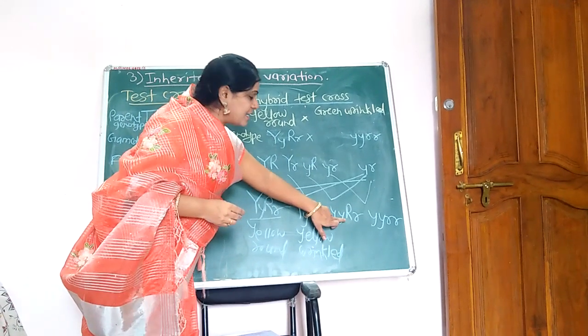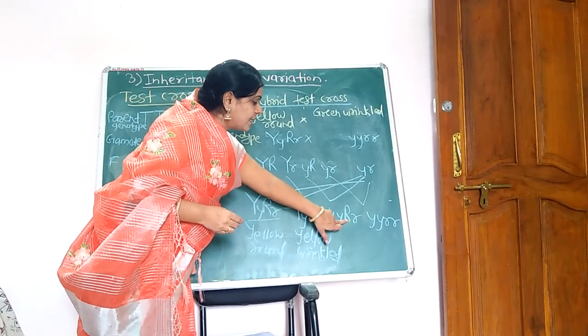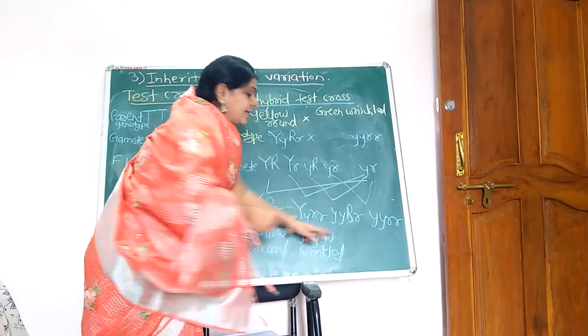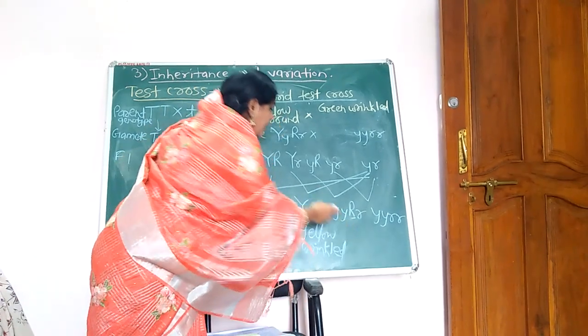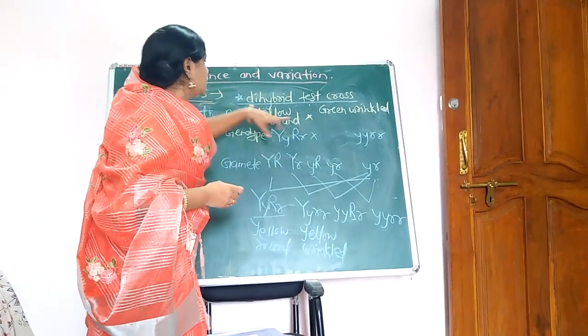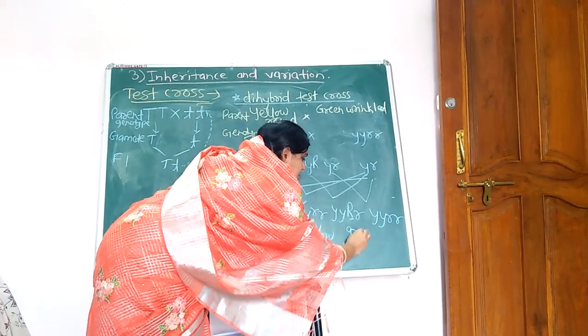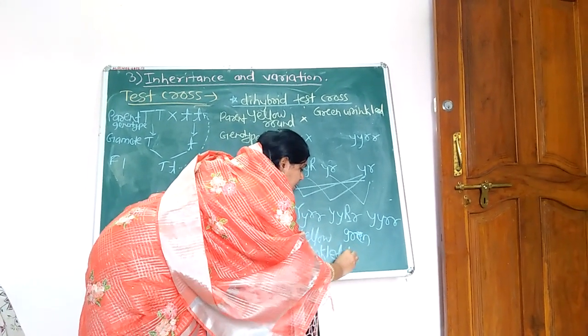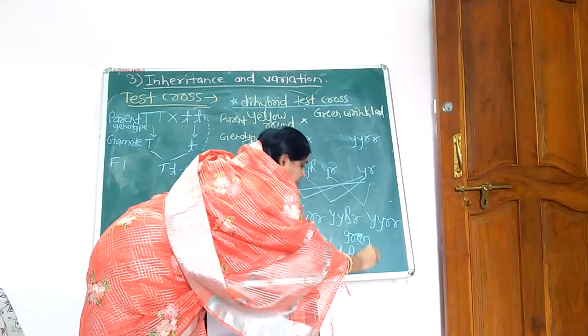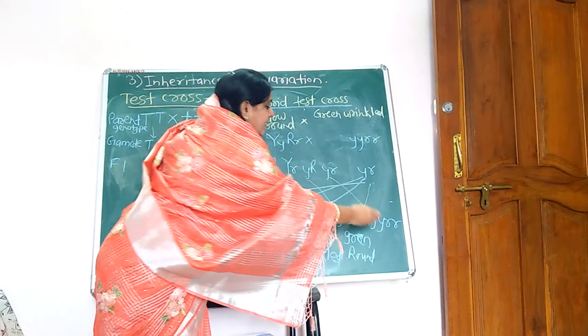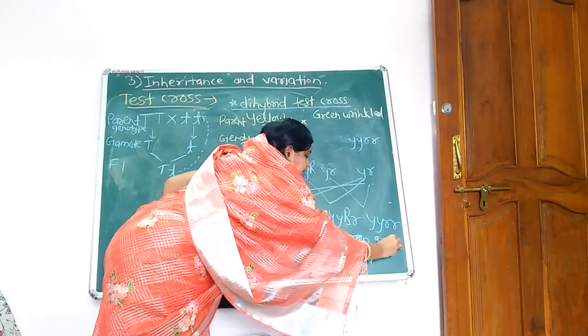Here small y, capital R, small r. Here R is the dominant, that means round, and small y is the recessive, that means green. Green round. And here two types of gametes are recessive, that means green wrinkled.